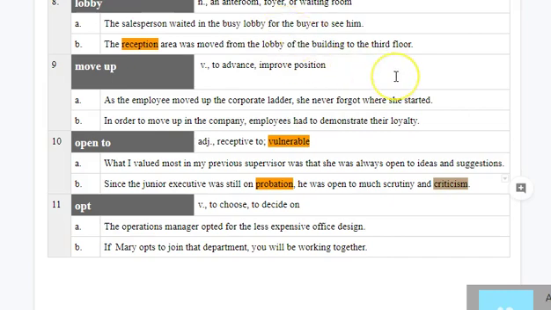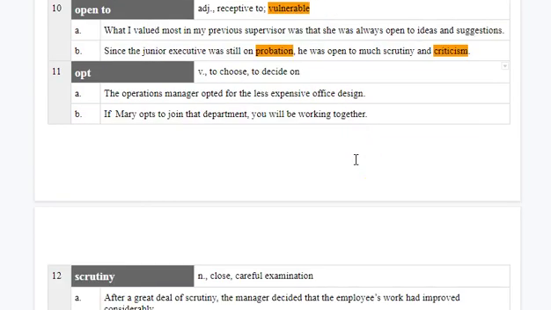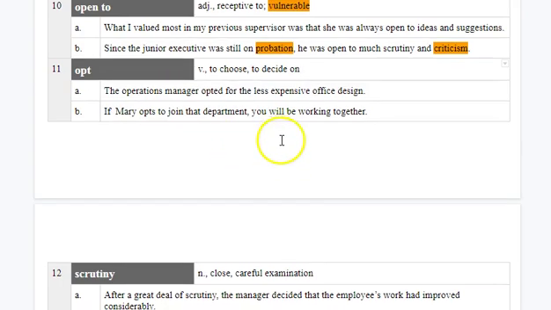Opt, verb, to choose, to decide on. The operations manager opted for the less expensive office design. If Mary opts to join that department, you will be working together.